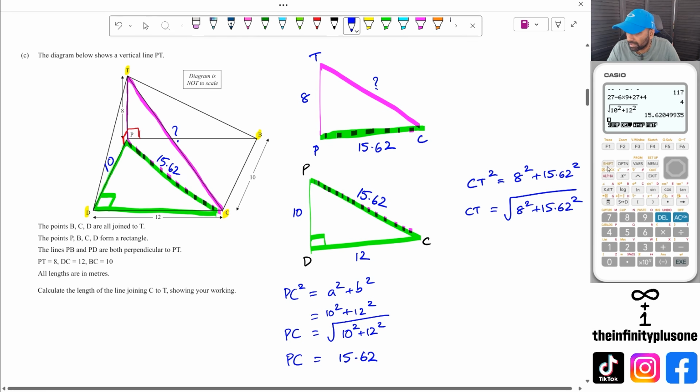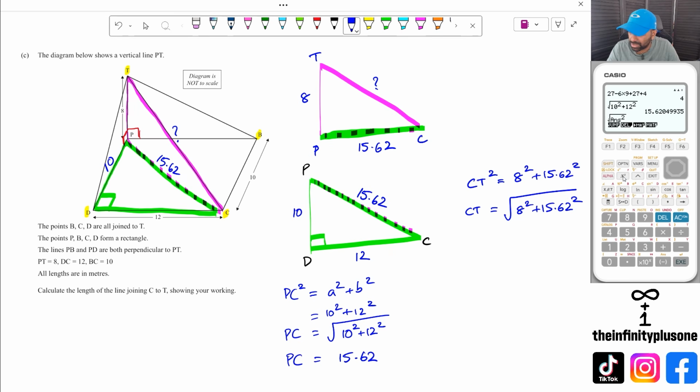Now I've actually got the answer here, so I am just going to do answer squared, because that's 15.62 squared, plus 8 squared. I just want to make sure that 8 squared is actually coming inside the square root bracket. There we go, that's better. And my answer should be 17.55. And I believe that's in meters.